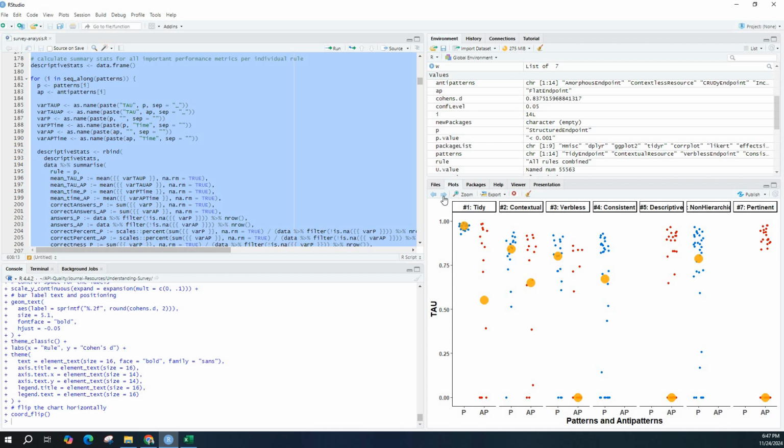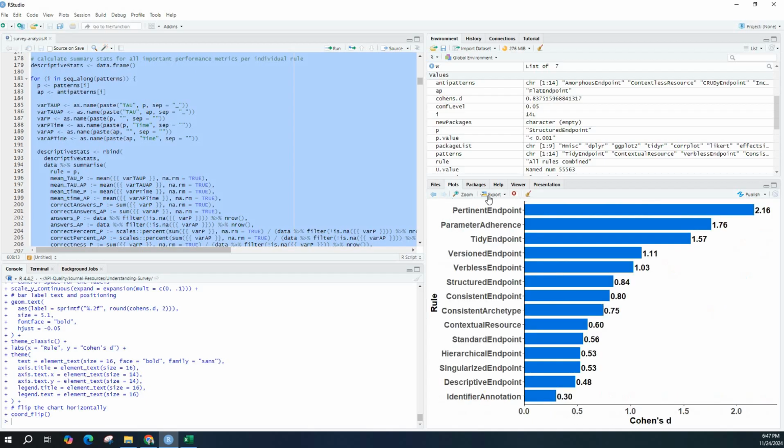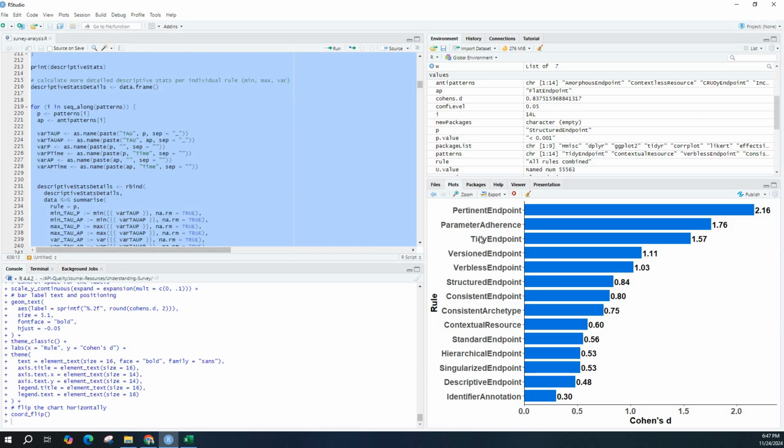In the same way we had another plot for the rest of the 8 pattern anti-patterns, and then we have this figure. This figure generates the effect size of these pattern anti-pattern rules on our understandability. So you can say if the effect size, or the value of Cohen's d, is less than 0.2 or something, then that is insignificant, but if it's greater than 0.2 it's significant.